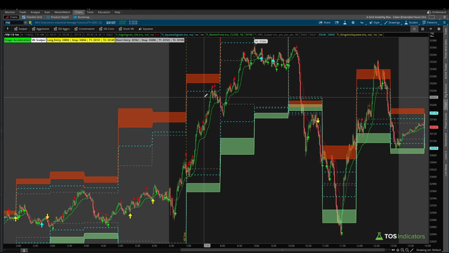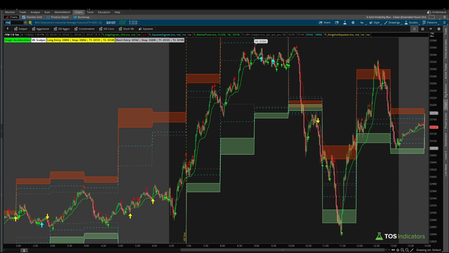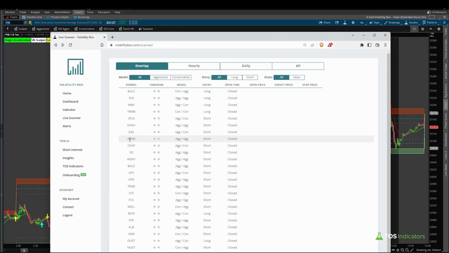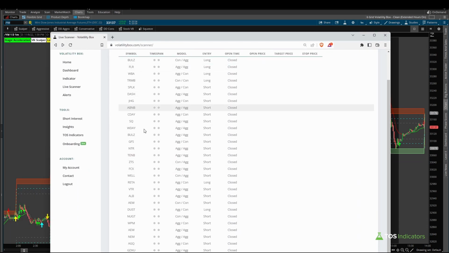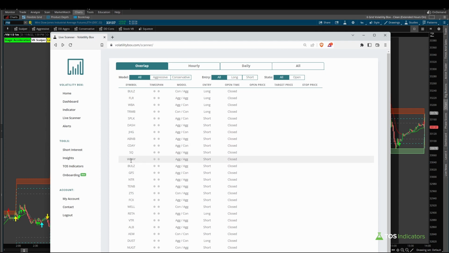If you're not a futures trader, but instead we're looking for stock trades, that's where the live scanner came into play, and you had a lot of options to choose from even on just the overlap tab. We talked about Square, we talked about Workday, we talked about Airbnb, and we took a look at DoorDash as well. So 4 different tech stocks, all really setting up around that 8:30 a.m. Pacific mark.